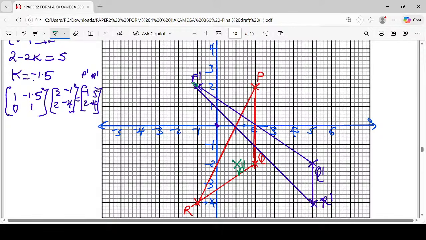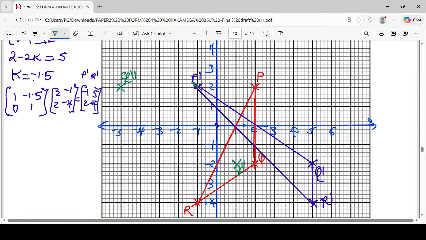Then with Q prime, it is at 5, positive 2 here. This is our Q double prime.